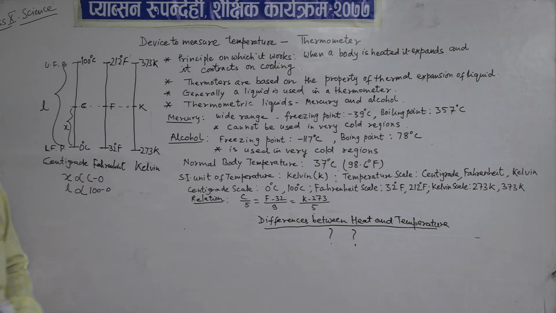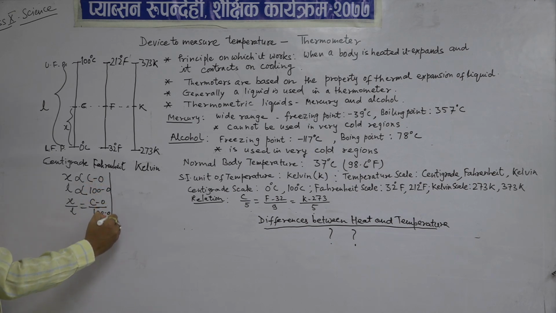If you divide these two proportions, you can write x upon L equals C minus 0 upon 100 minus 0. So for the centigrade scale, we have one relation: x upon L equals C minus 0 upon 100 minus 0.